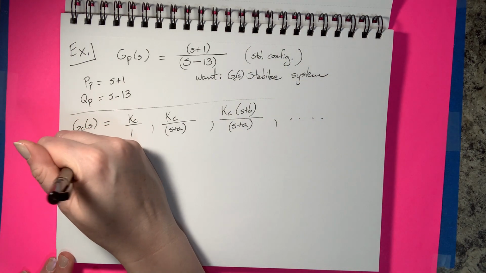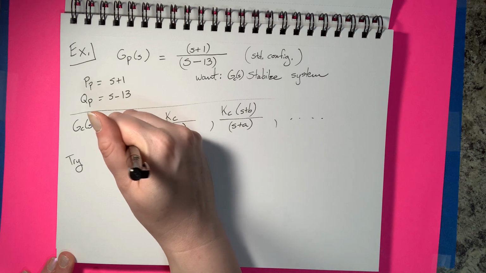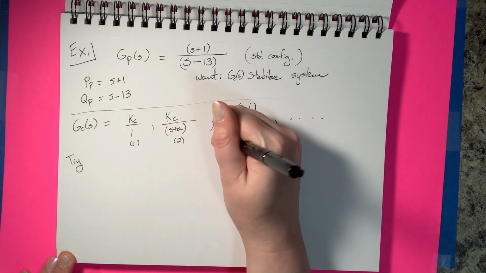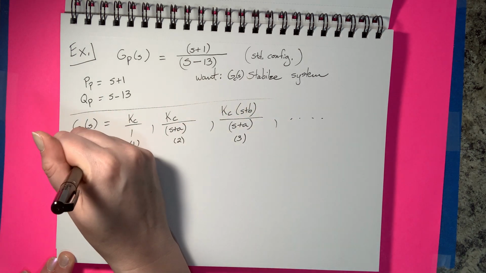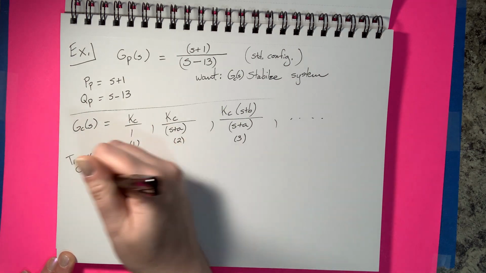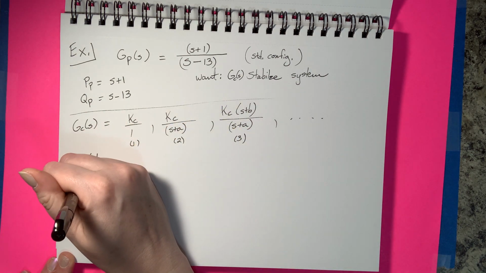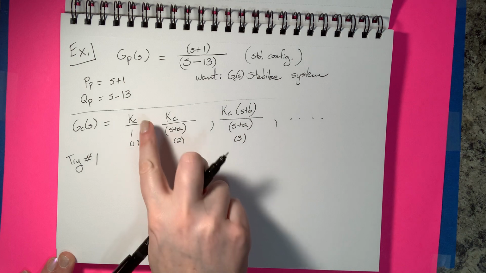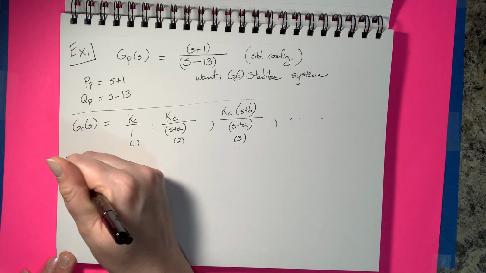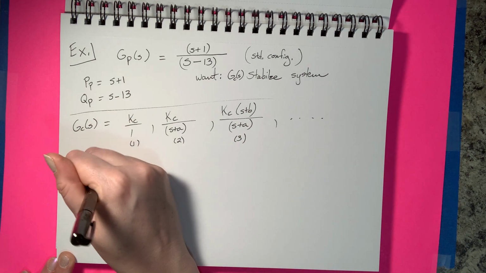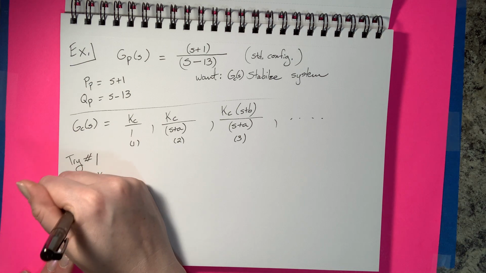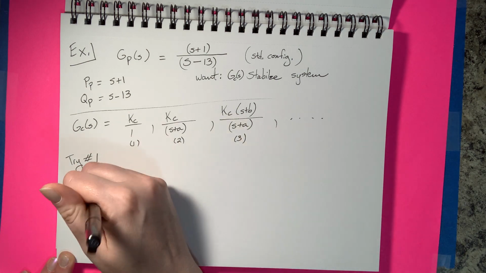Okay, so let's try, and for easy referencing, I'll just put the numbers down here. So try number 1. That means that for GC, we're going to have a P sub C equal to KC, and Q sub C equal to 1.